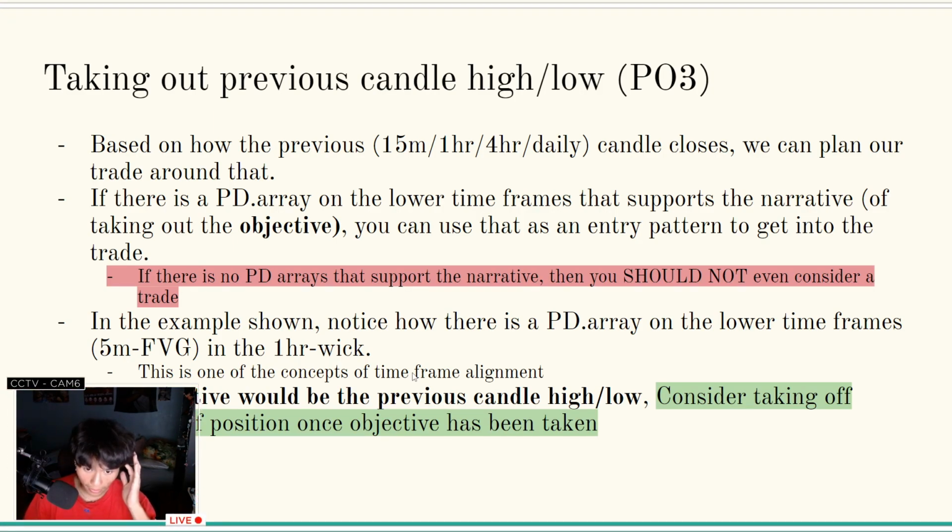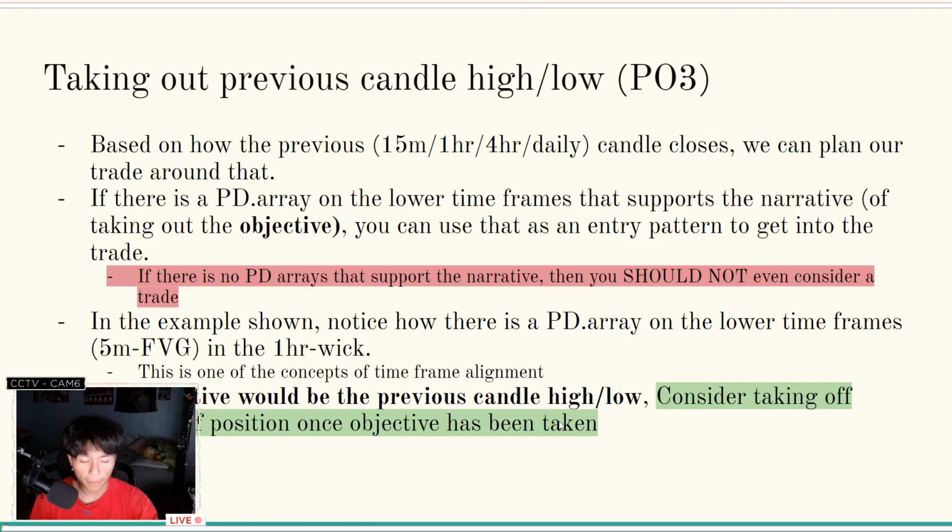Time frame alignment is a broad topic. I will touch on that another time. But for right now, we're talking power of 3. So the objective would be the previous candle high or low. Consider taking off the majority of the position once the objective has been taken.